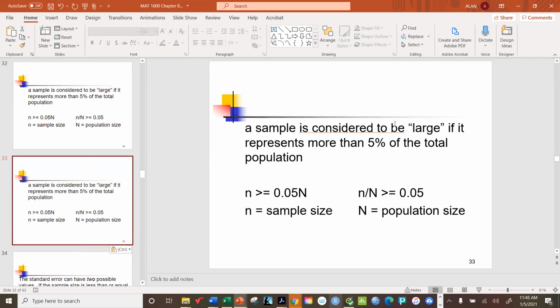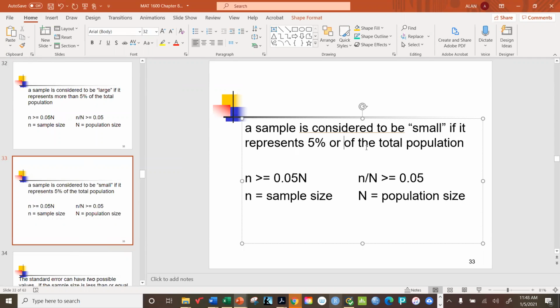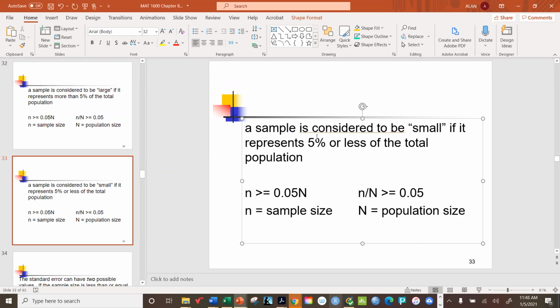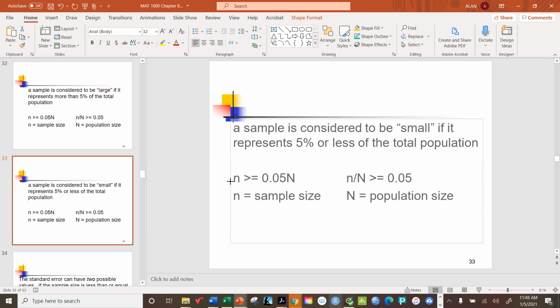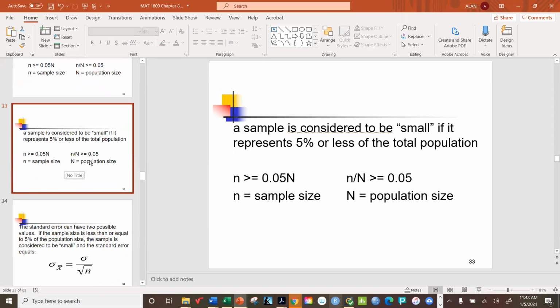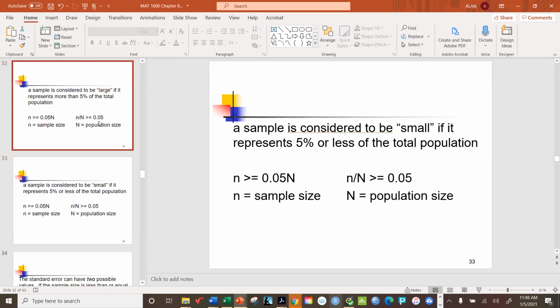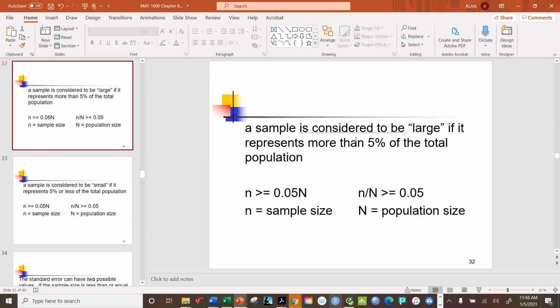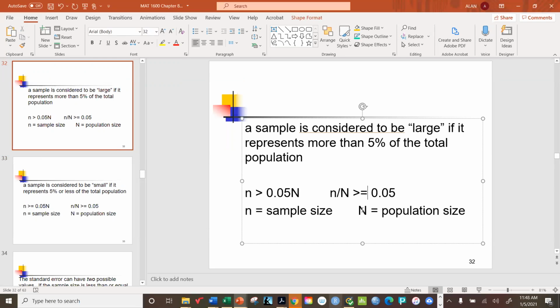A sample is therefore considered to be small if it represents 5% or less of the total population. I think I'm going to have to change this one. I wrote this incorrectly. It's strictly greater than 5.